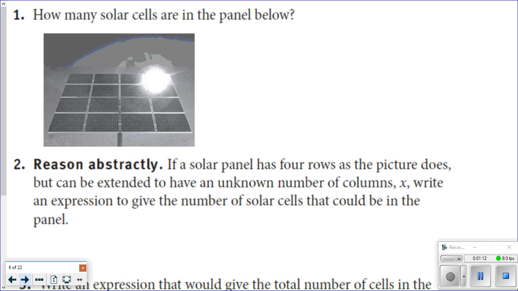If we're looking at the one below, we need to count the solar cells. So this would be 1, 2, 3, 4, and keep going till you get an answer. So this has a total of 16 cells, right? It's a 4 by 4. 4 times 4 is 16.